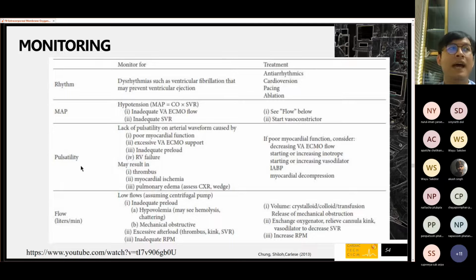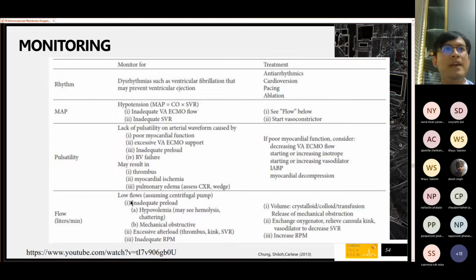Sometimes if the heart comes back a little bit, the ECMO is still pumping. If the pulse pressure is quite weak, you need to investigate that and call the team to help investigate. And the flow, your role is mainly on the flow.